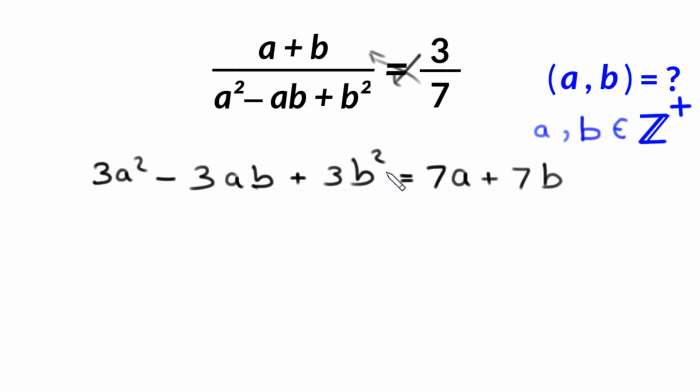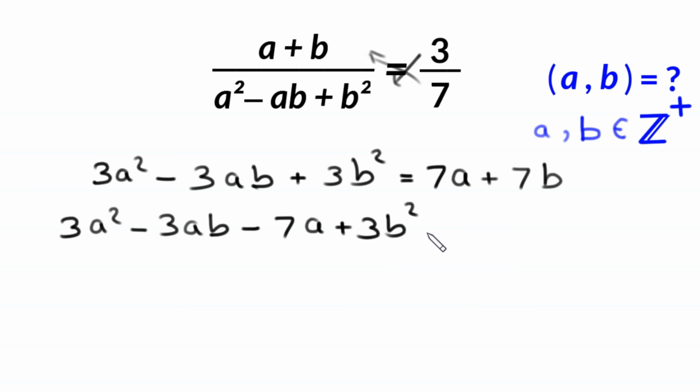Move these two terms to the left hand side. This will become 3 times a squared minus 3 times ab, and this 7a will become negative 7a, plus this 3b squared minus 7 times b equal to 0.